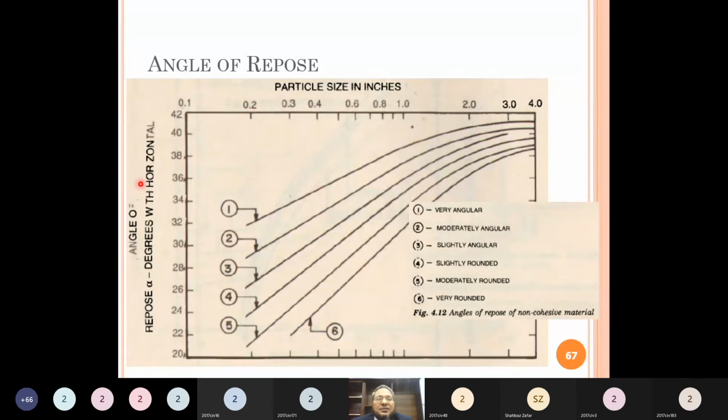So what happens to the angle of repose of the soil for a given value of the, let's say 1 millimeter मैं ले रहा हूँ, या 0.4 millimeter ले लें.